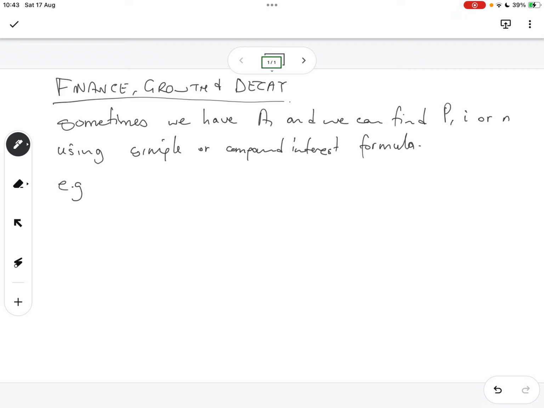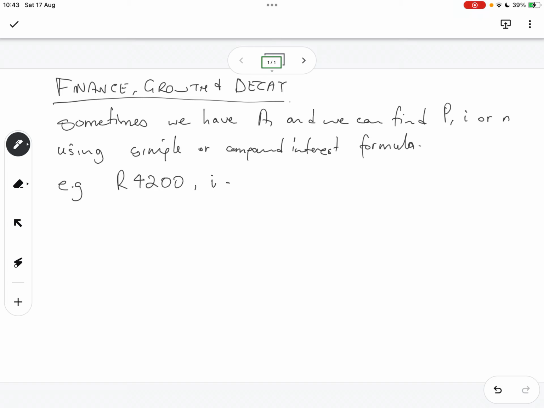So let's go straight into the example. You want to invest money now so that after 5 years at 8% simple interest, you will have 4,200.